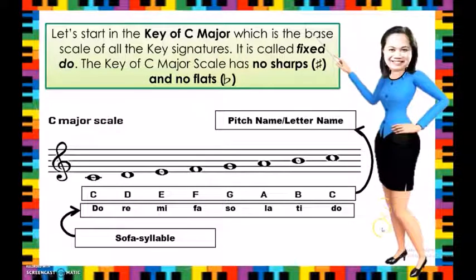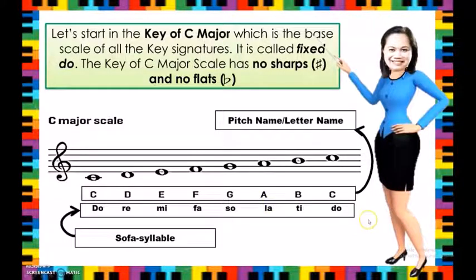The first 7 letters of the alphabet used in music is what we call the pitch name or the letter name. It is A, B, C, D, E, F, G, up to G only. After G, you're going back to letter A again.